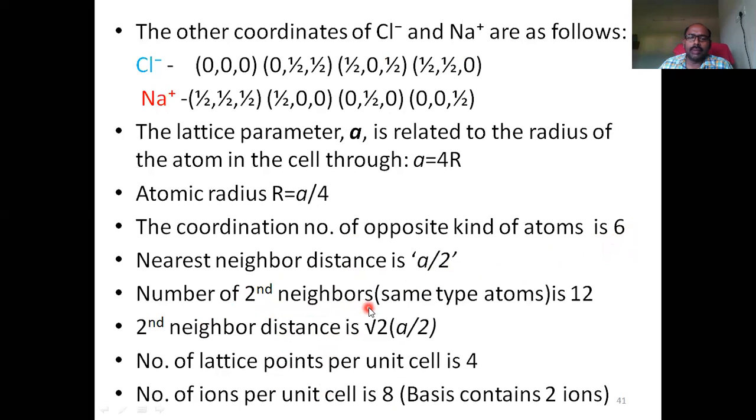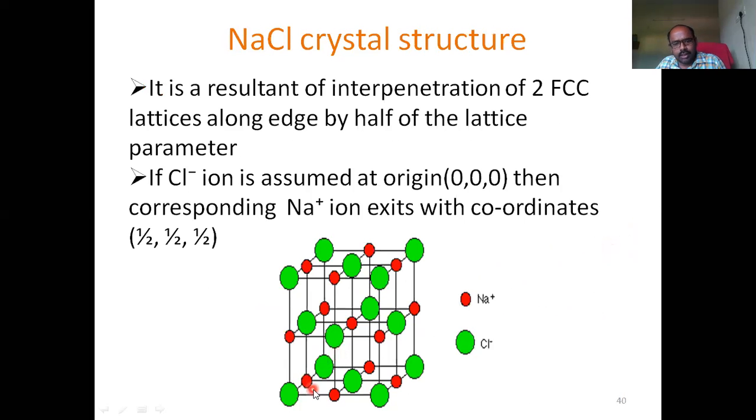The number of second neighbors is 12. The second neighbor is the face centered point in this figure. The first is the nearest neighbor, and the second nearest neighbor is this one. That is the face centered point.